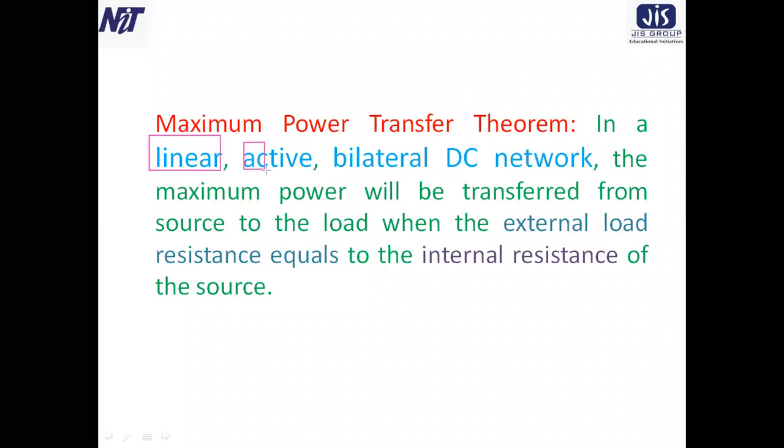Then active circuit, bilateral circuit. So the circuit should be linear, active, and bilateral. Do you know what is the meaning of bilateral? Bilateral means if current can flow from both sides of the circuit, that type of circuit is called a bilateral circuit.